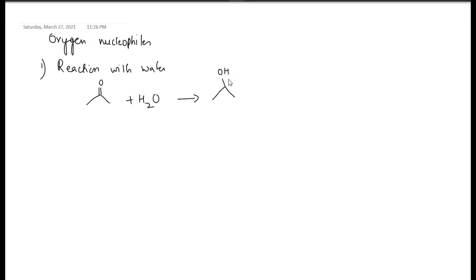You end up with two OH groups attached to that carbon center. In general, this is an equilibrium reaction, and the equilibrium generally favors the reactants rather than the products, except in simple aldehydes like formaldehyde.